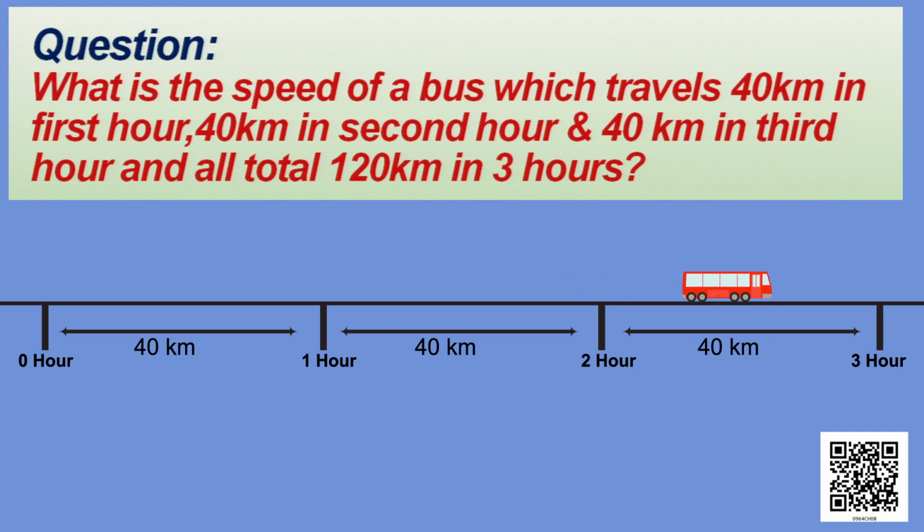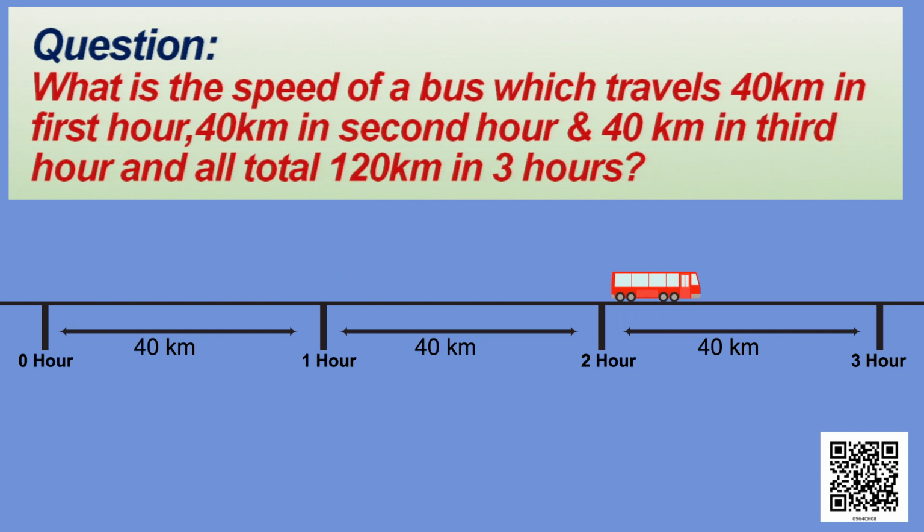In the picture, I have shown that the bus is moving from left side to right side. Let's say the bus travels 40 km in the first hour, 40 km in the next hour, that is the second hour, and 40 kilometer in the third hour.